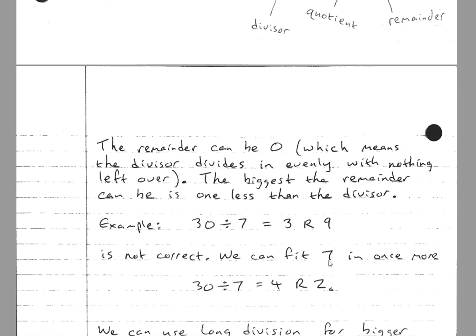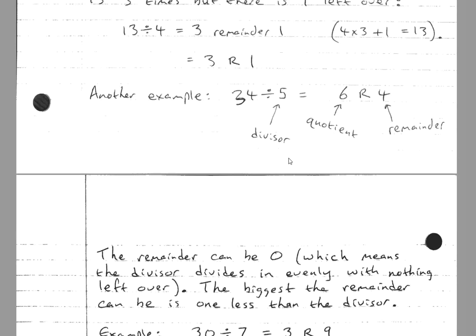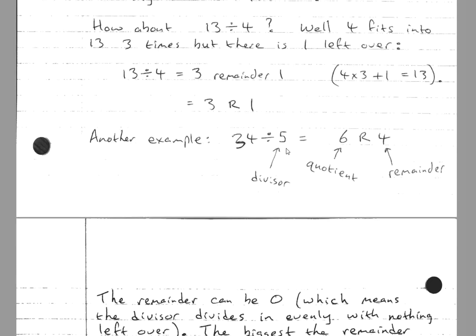So in fact, 7 fits into 30 4 times, with remainder 2. Now the remainder is less than 7, so now it's correct. Here we saw we were dividing by 5 and the remainder was 4, so this 4 is the maximum possible remainder when you divide by 5.